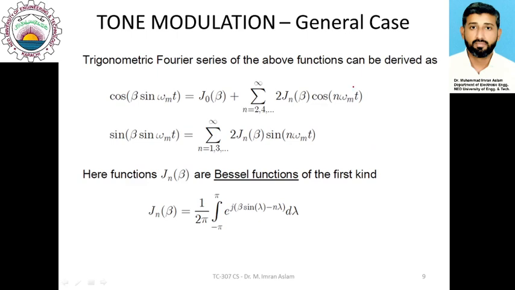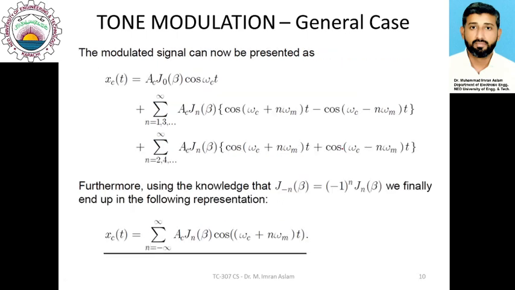In fact, both of the series can be combined together by using the relationship J_{-n}(beta) equals (-1)^n J_n(beta). This is a generalized relationship of the Bessel function. So actually x_c(t) is given by this relationship here.